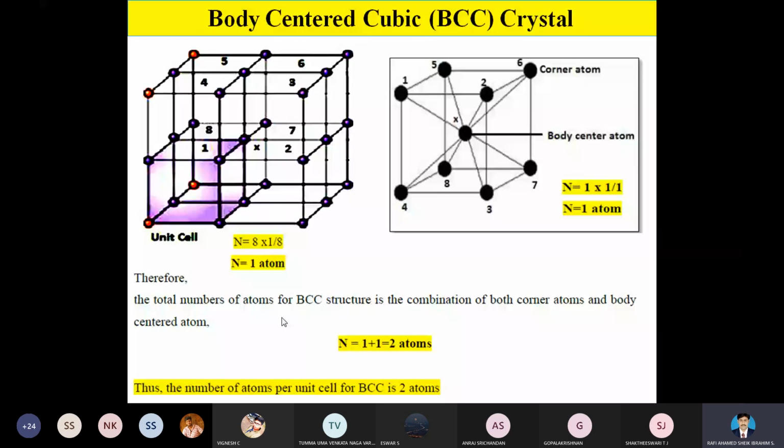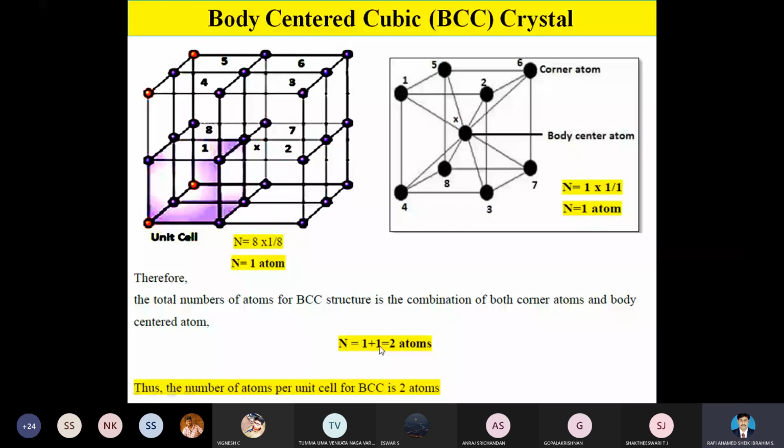For the corner atom, we know the calculation that I have mentioned here. N is equal to 8 into 1 by 8. Therefore, N is equal to 1. For the body centered atom, N is equal to 1 into 1 by 1. Therefore, N is equal to 1 atom. The total number of atoms for the BCC structure, N is equal to 1 plus 1.